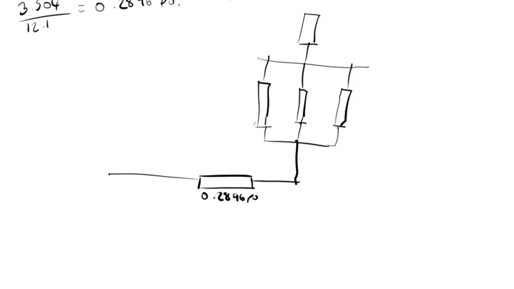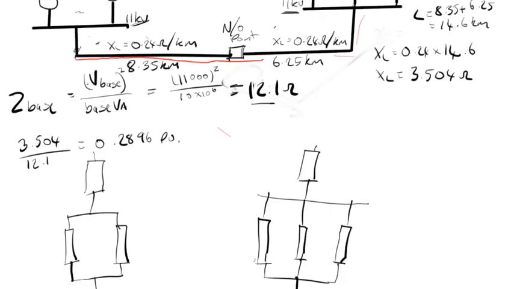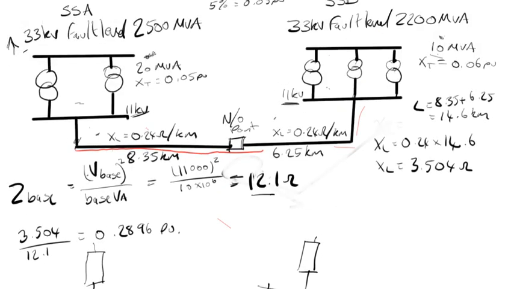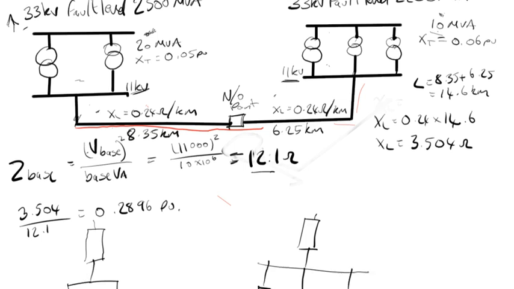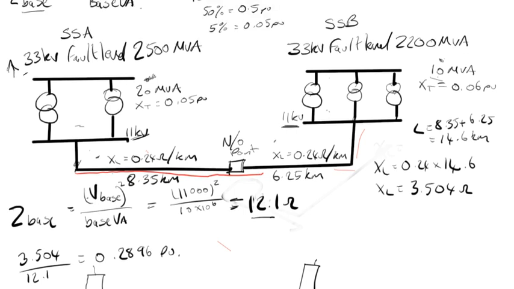So what do we have next? Let's go with the fault level of the 33 kV system at substation A. It's 2500 MVA, and that basically means that the fault level at that substation is 1 pu at 2500 MVA.